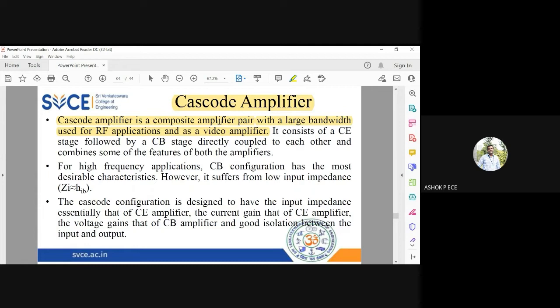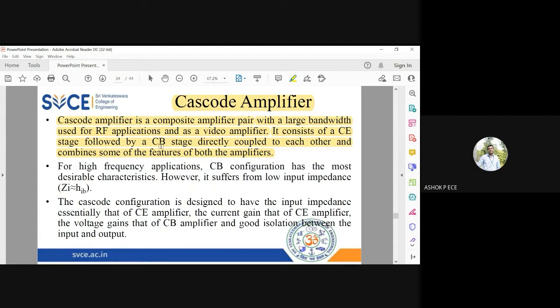But Cascode is a composite amplifier, which means I'm going to use two different amplifiers in the stages of the cascading amplifier. So it is going to have one common emitter stage followed by a common base stage, directly coupled to each other. I'm going to combine common emitter and common base by cascading them so that I can enjoy the features of both.